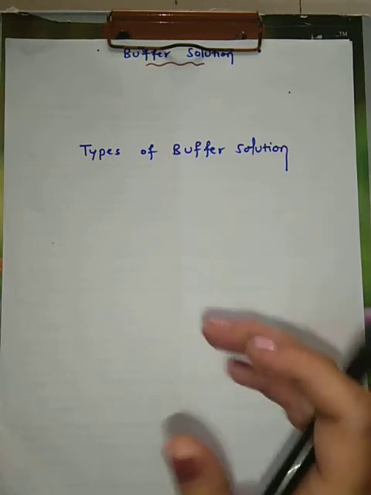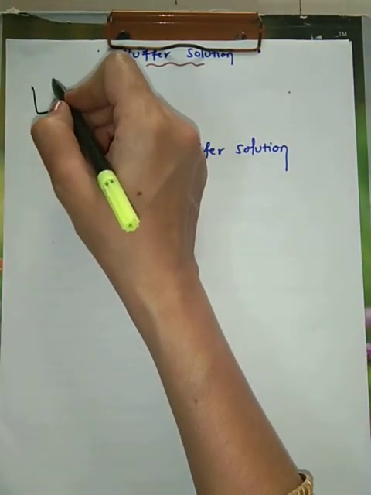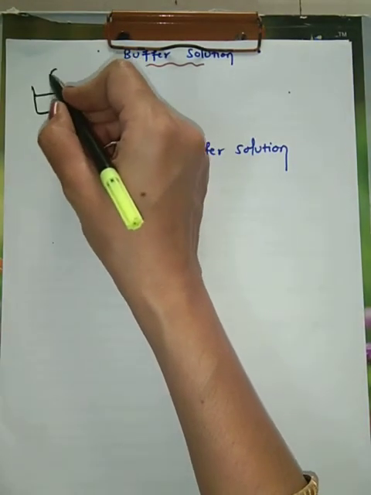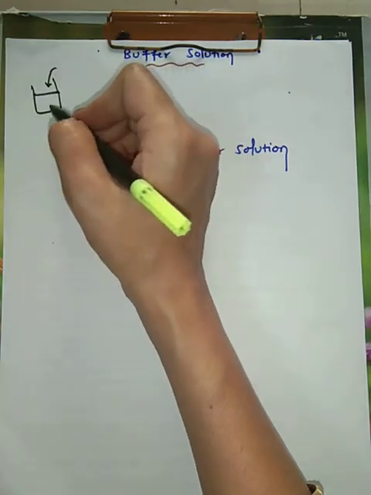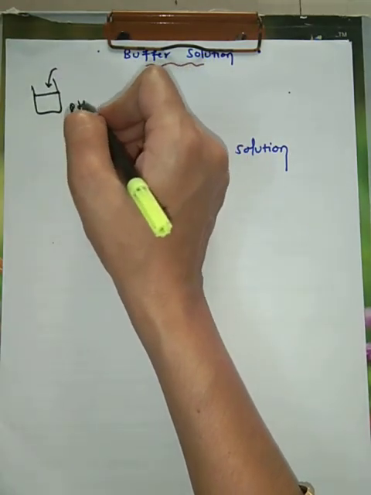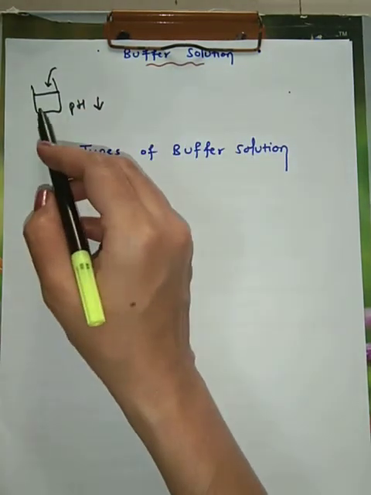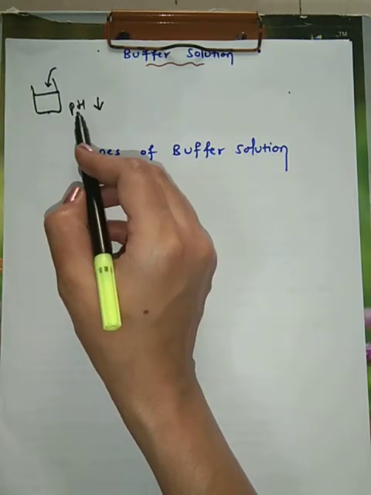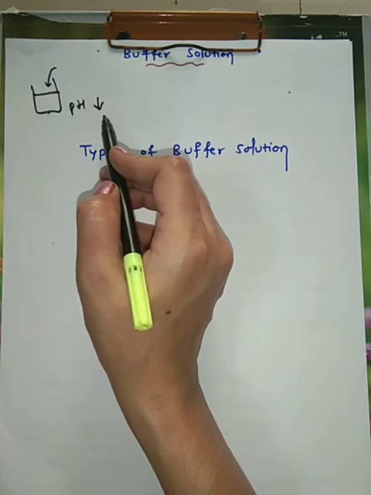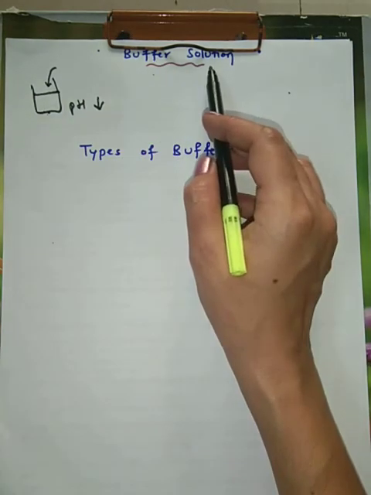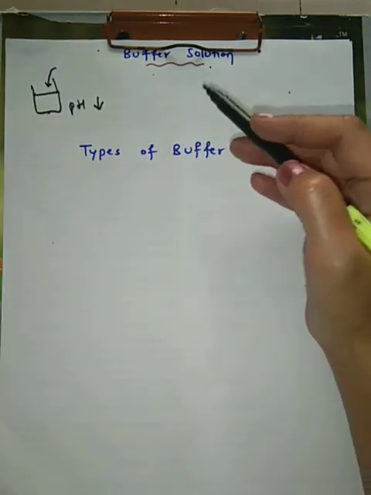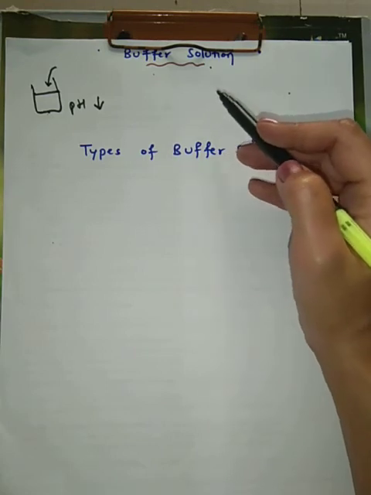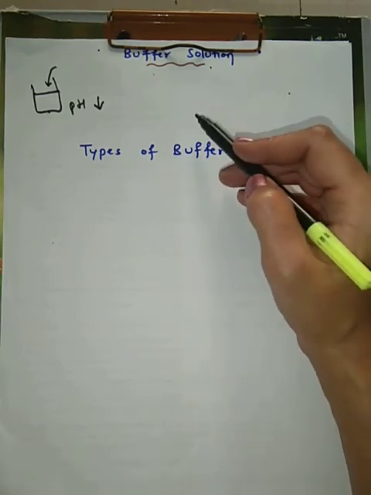Suppose we have a particular solution. If some acidic impurity comes into it, what will its pH do? It will decrease. But if this solution is already containing a buffer, then this pH won't change. That is the meaning of a buffer solution, which avoids changes in pH when a small amount of acid is added from the environment.